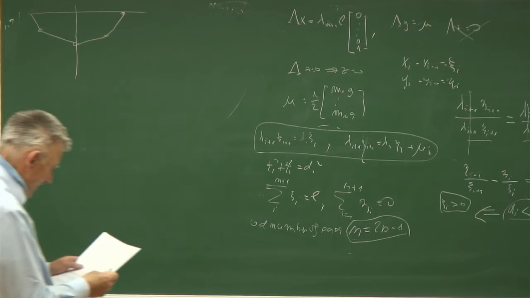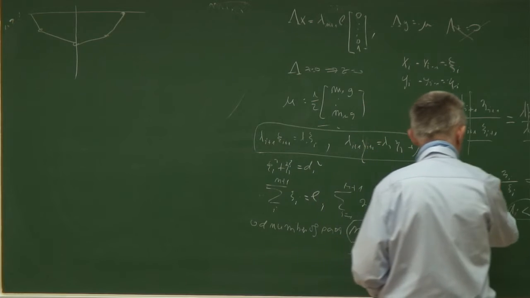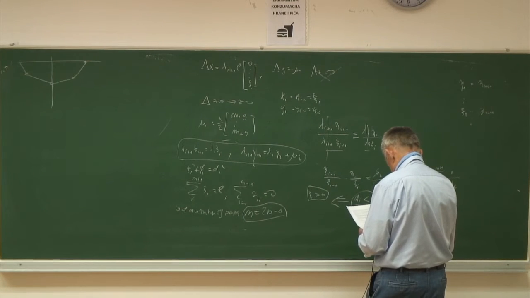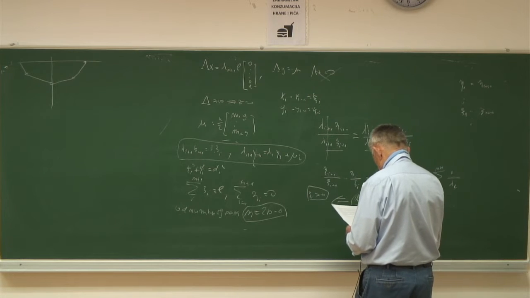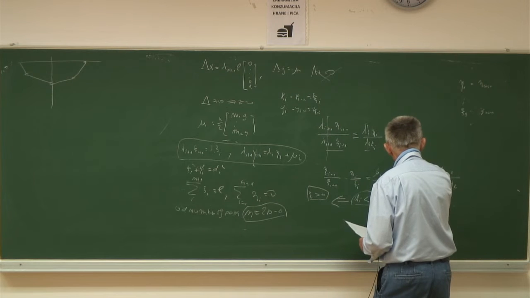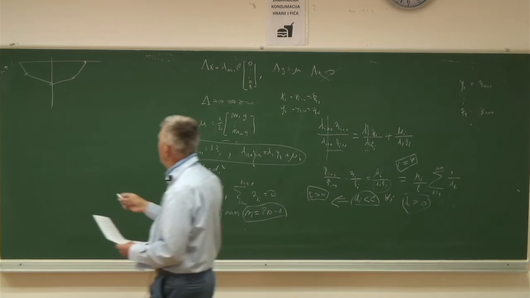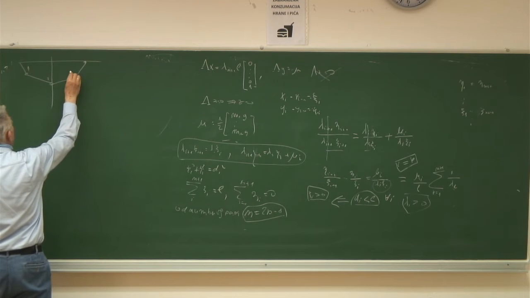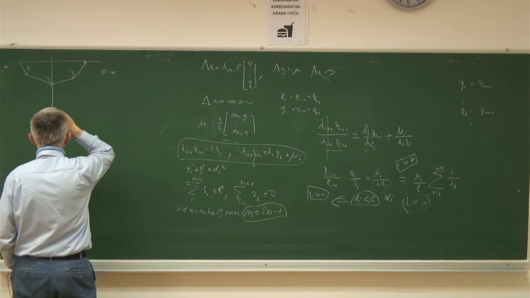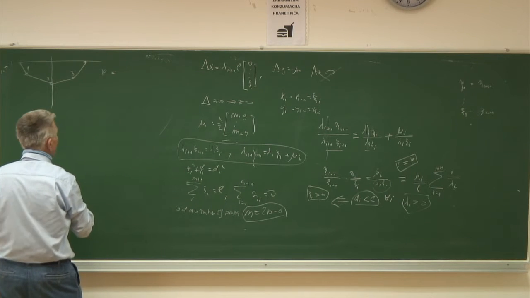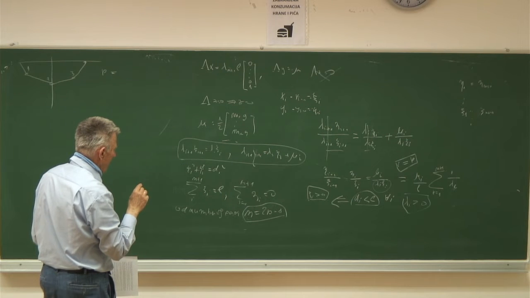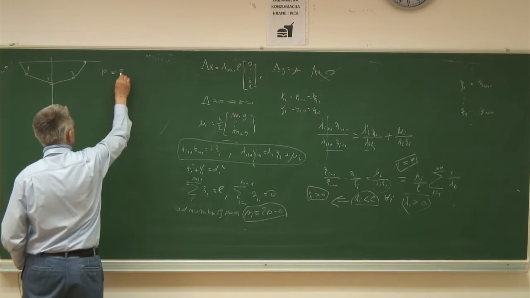If now I take i equal to p, that means this is 1, 2, 3, p is equal to 2 in this case.